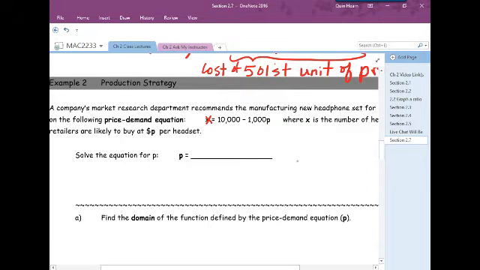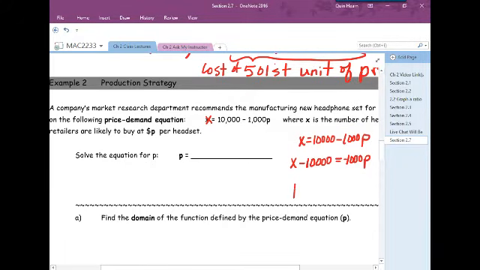So let's solve for P. We have X equals 10,000 minus 1,000 P. To solve for the variable we want, we move any terms that don't have that variable over to the other side. So X minus 10,000 equals negative 1,000 P. Then we divide both sides by negative 1,000.